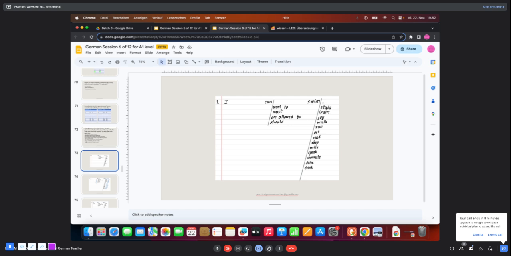Schwimmen, studieren, lernen, joggen, spazieren gehen, yeah, and then laufen, essen, lesen, schlafen, schreiben, sagen, sprechen, pendeln, what's it?